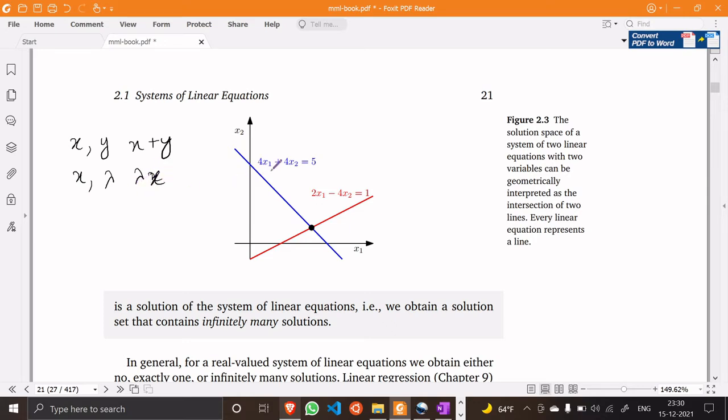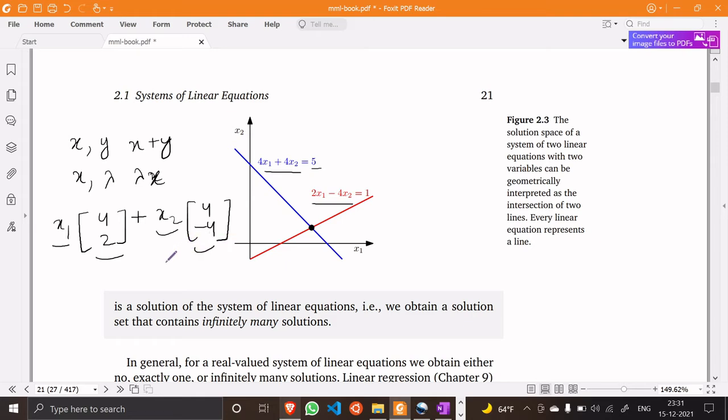Now, we have these two equations: 4x1 plus 4x2 equals 5, and 2x1 minus 4x2 equals 1. Think of it this way: I write this as x1 times the vector (4, 2) plus x2 times the vector (4, -4). So x1 is the scalar for the vector (4, 2), added to the vector (4, -4) with x2 as its scalar.